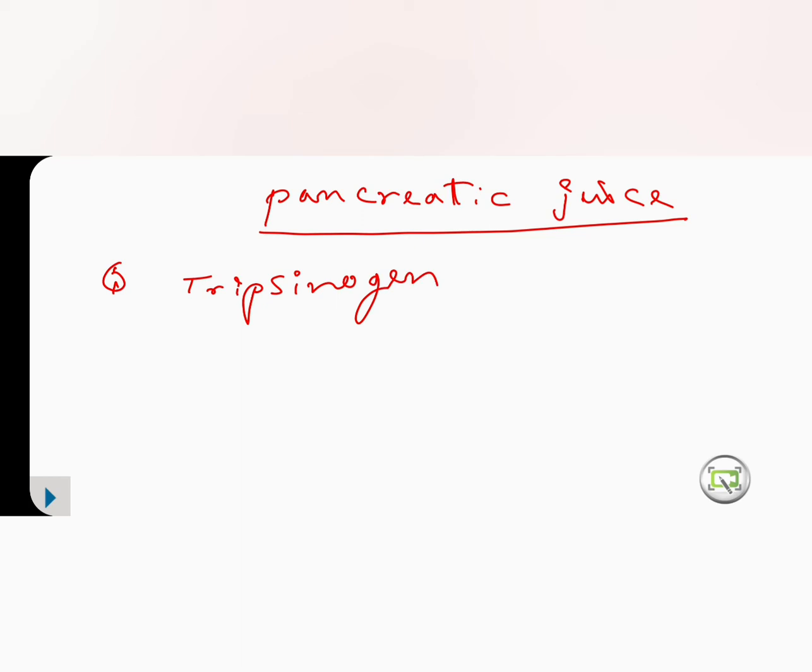Trypsinogen is an inactive enzyme which is present in pancreatic juice. This trypsinogen will be activated into active trypsin by the action of another enzyme, that is enterokinase. So inactive trypsinogen is converted into trypsin by the action of enterokinase. This enterokinase is present in succus entericus, nothing but intestinal juice.